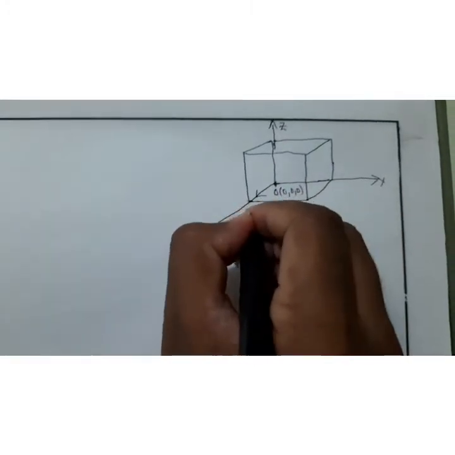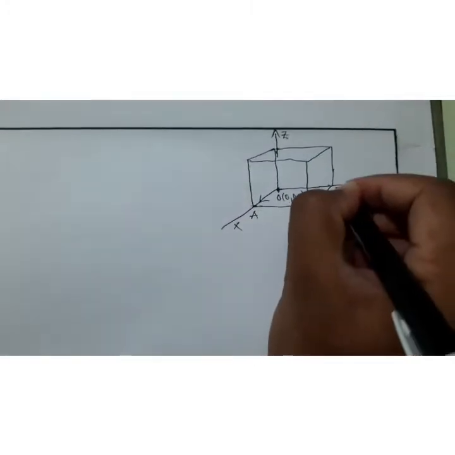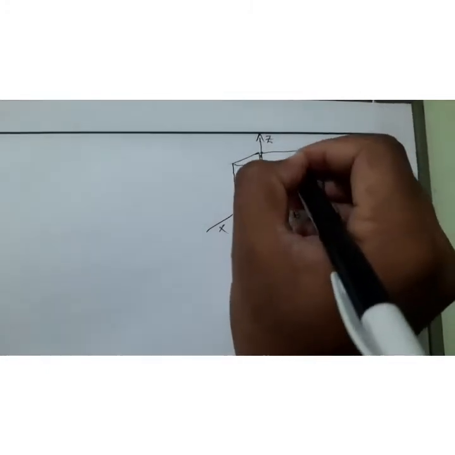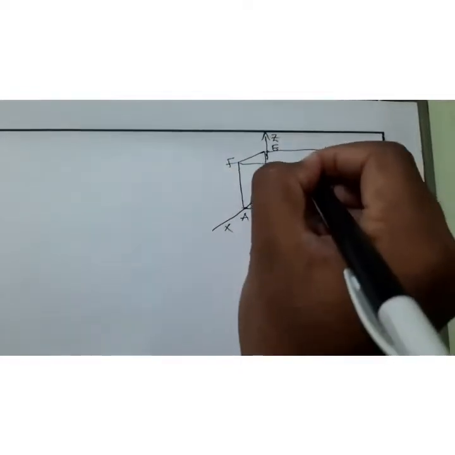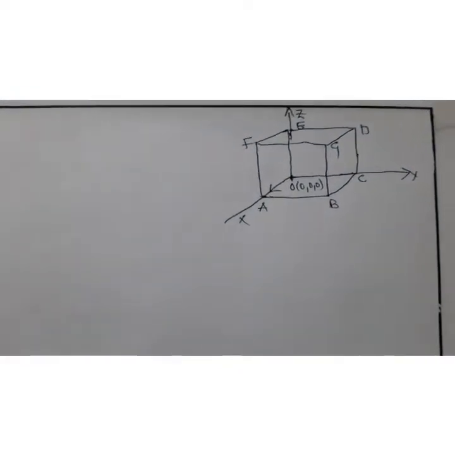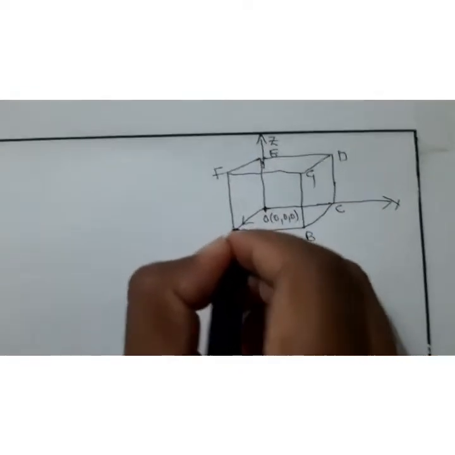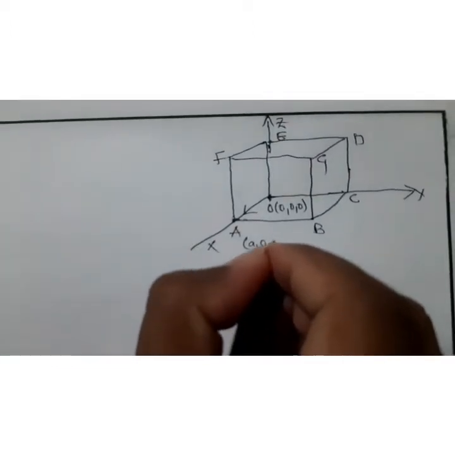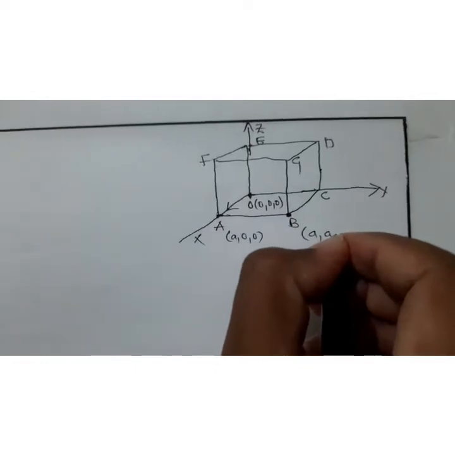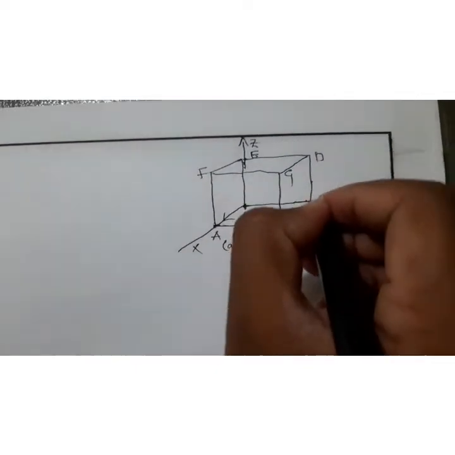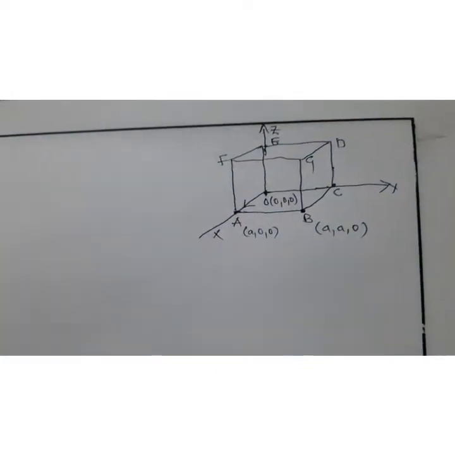These are the points O, A, B, C, D, E, F, G. Here this is the point on the x-axis, the point a, 0, 0. This is the point in the xy plane, a, a, 0, with z value 0.